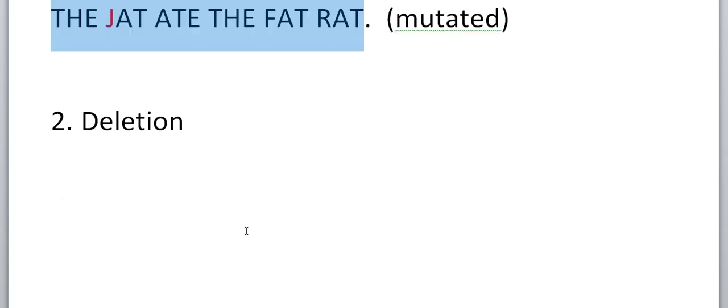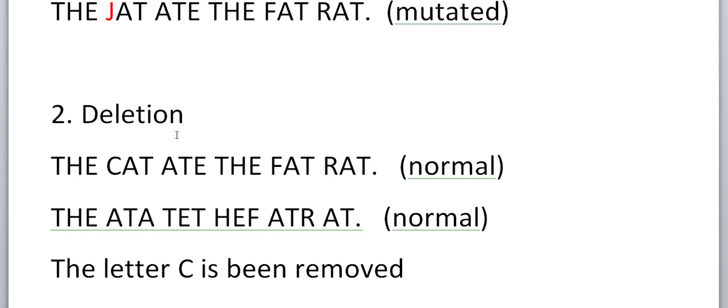What is the deletion? In the deletion, one nucleotide is removed from the normal. The cat ate the fat rat. When the letter C is removed, the nucleotides shift, because the nucleotides are arranged in 3 adjacent nucleotides, which is called a codon.